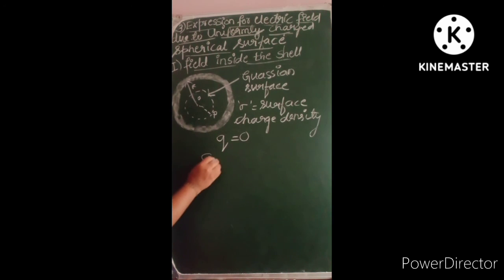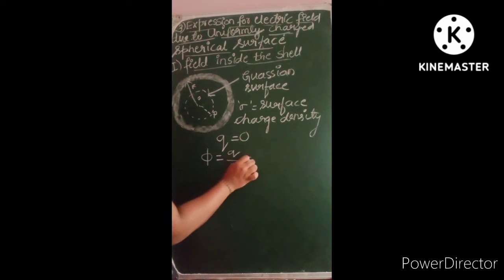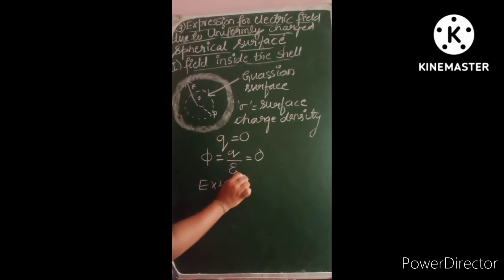That is, according to Gauss law, phi is equal to Q by epsilon naught, but this is equal to 0, and the value of E into 4 pi r square will also be equal to 0, which implies that E will be equal to 0.